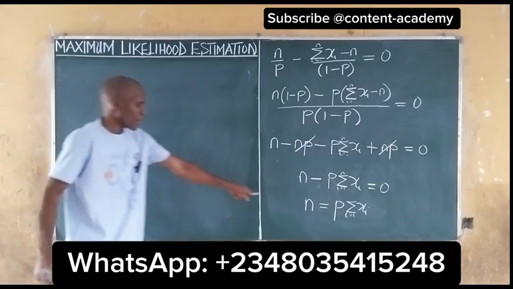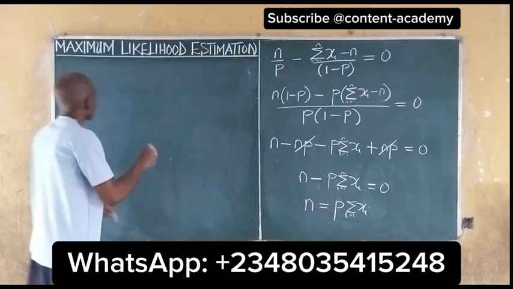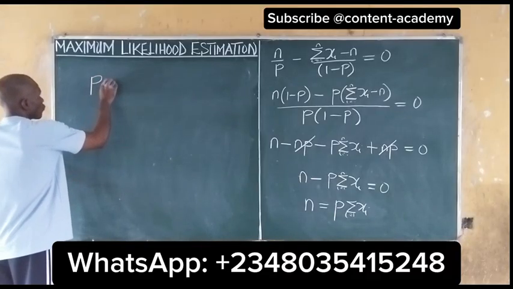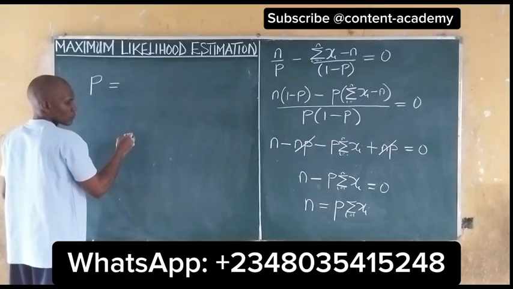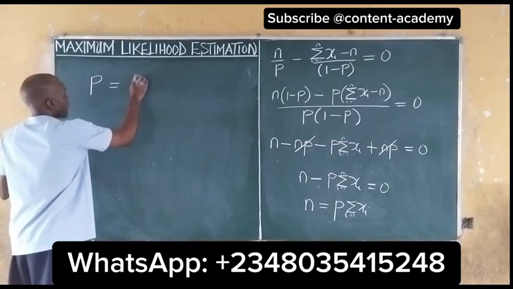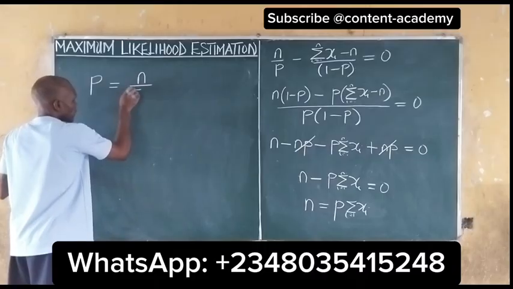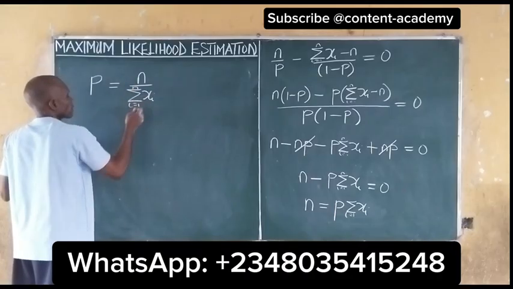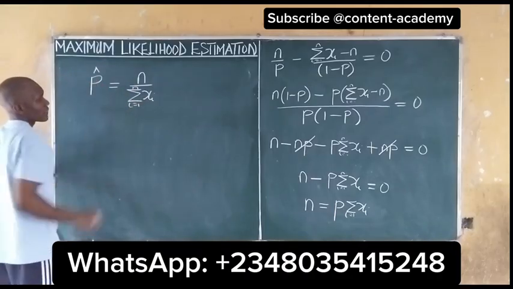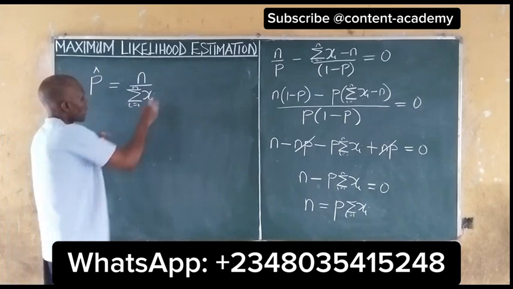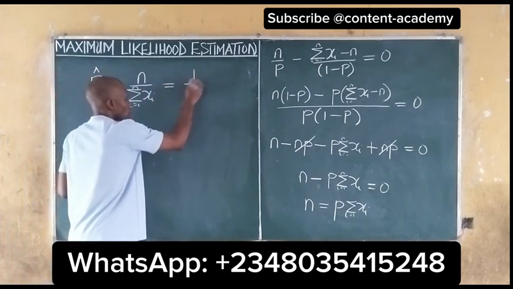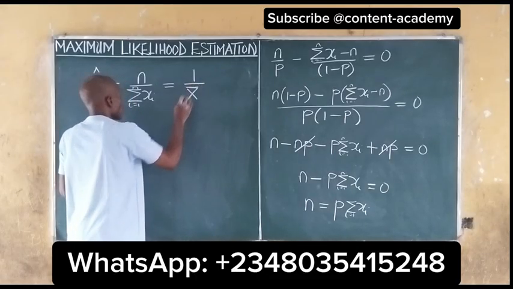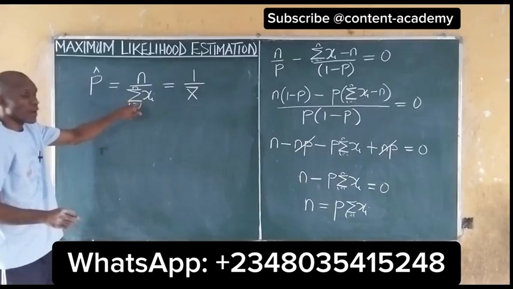Now, making p the subject of formula, we'll have p to be equal to n all over summation of xi, as i running from 1 to n. So this becomes our estimate. Of course, this is biased. And we can write this as 1 all over x bar, because our mean is supposed to be summation of xi all over n.